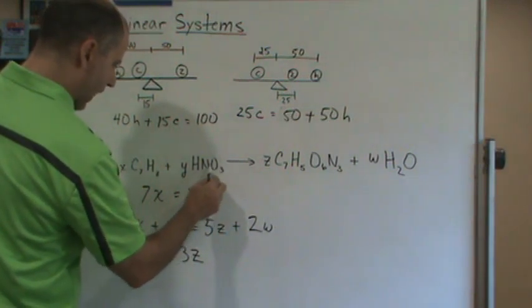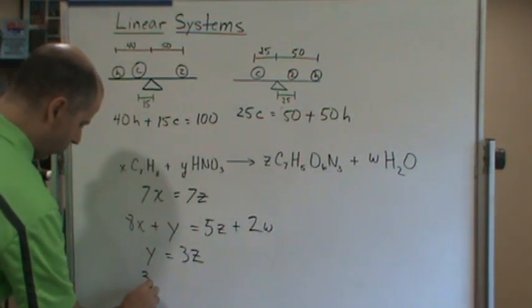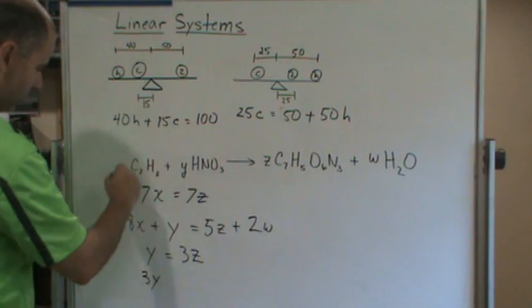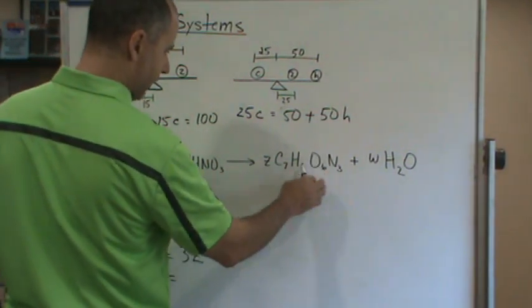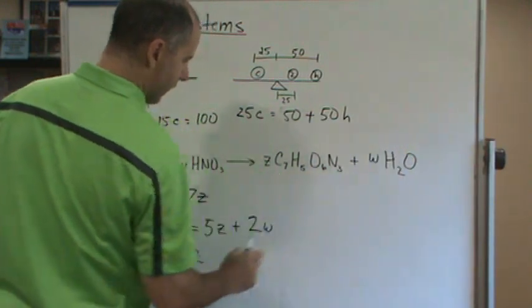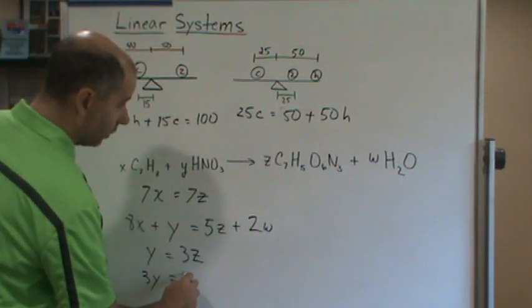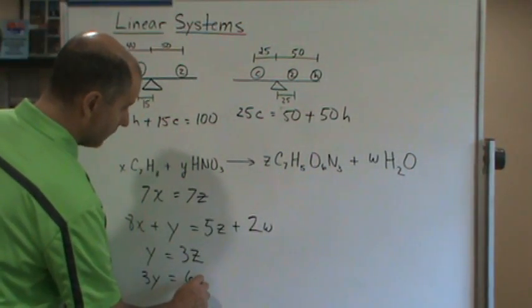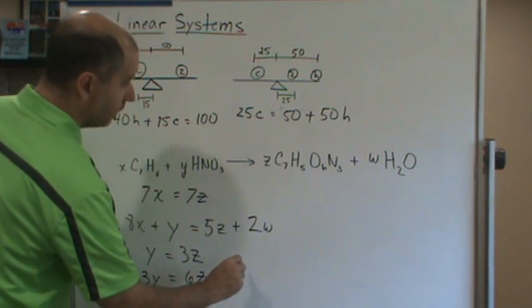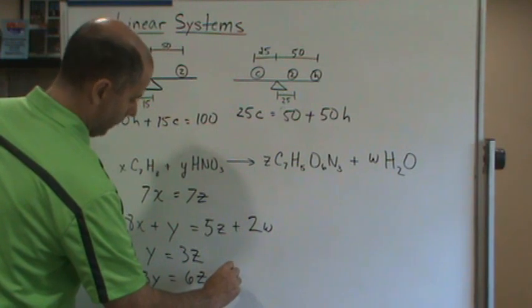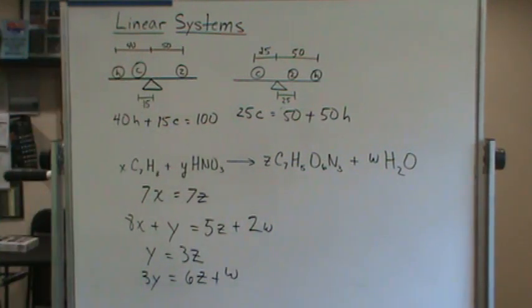We have 3 oxygen atoms over here, so it's 3Y. There's no oxygen over here, so we go equals, and now we've got 6 oxygen here and 1 oxygen here, so this is 6 times Z plus W. And there we end up with 4 equations.